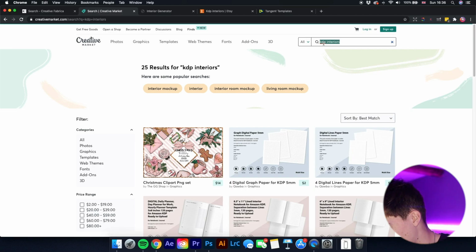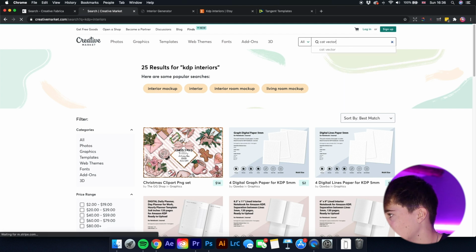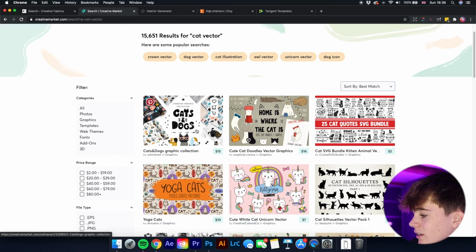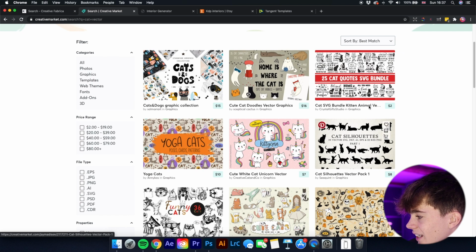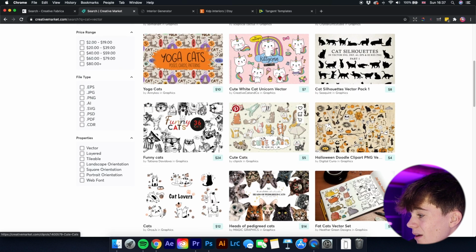So if I just type in cat vector, see what comes up. Well, we've got loads and loads of different cartoon cats, which could be perfect for putting on your cover, or any sort of business that you're in that involves graphic design. So the great thing about these two websites is, they're just time savers really.